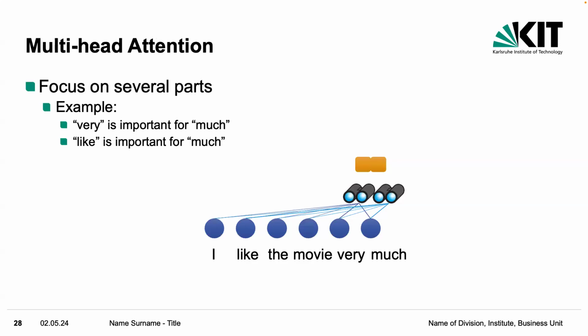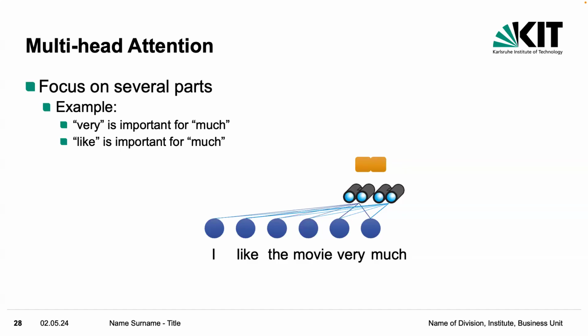Think about: I like the movie very much. In order to understand much, it's important to focus once on very, because it says how strong, and it's also important to focus on like, because it says that, but they have very different meanings. So just averaging over very and like might not be the best idea.